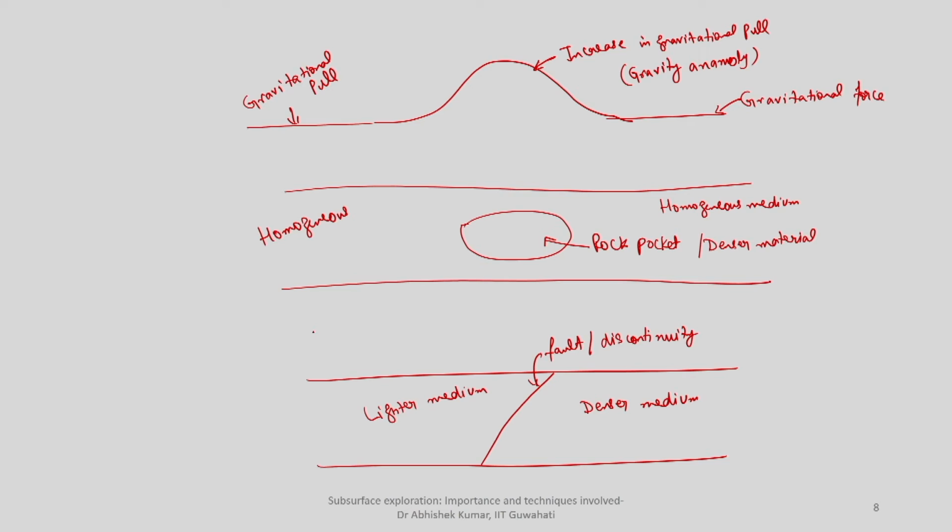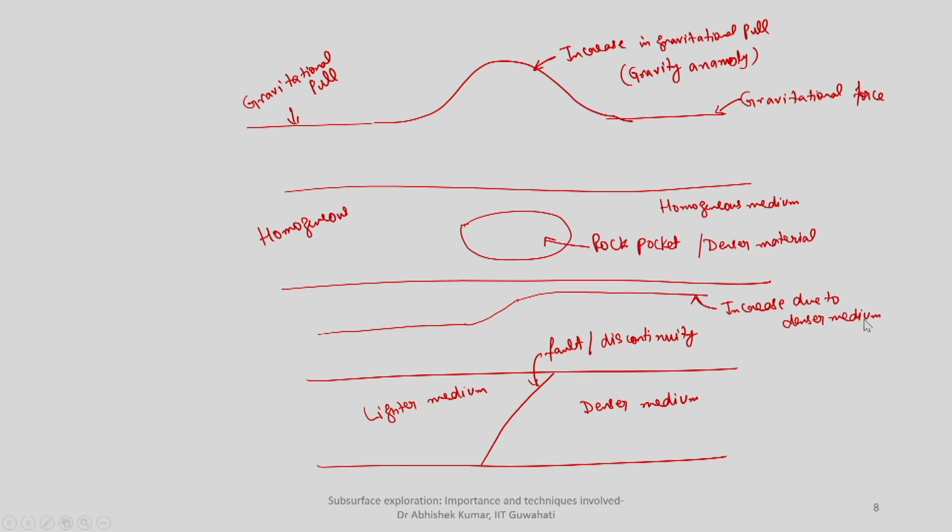As a result, if you measure the value of gravity here, there will be a certain slow increase because of this discontinuity, and because on the other side you have a relatively denser medium. So, this is an increase due to denser medium.